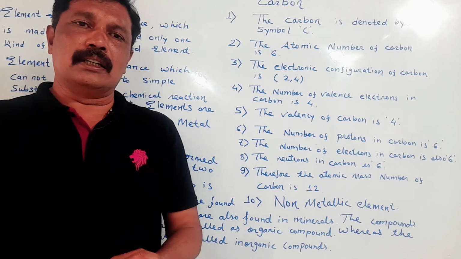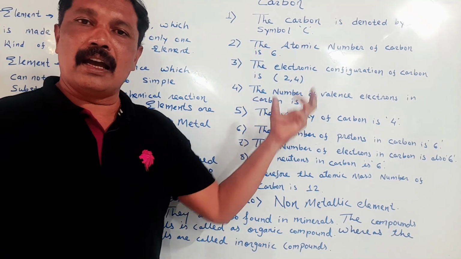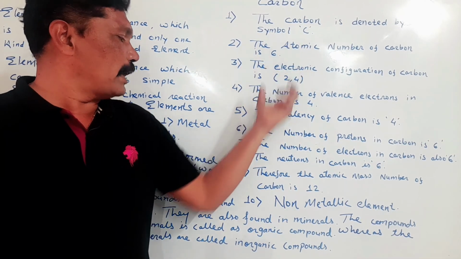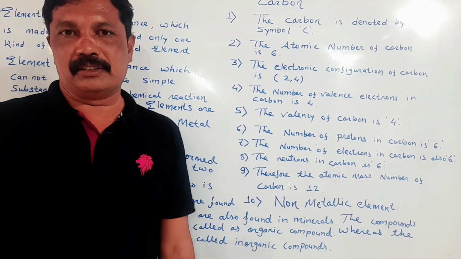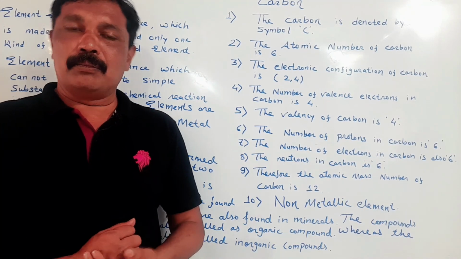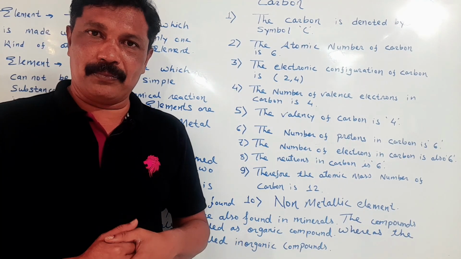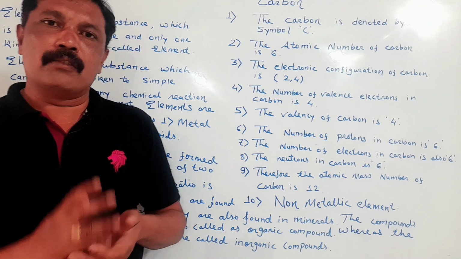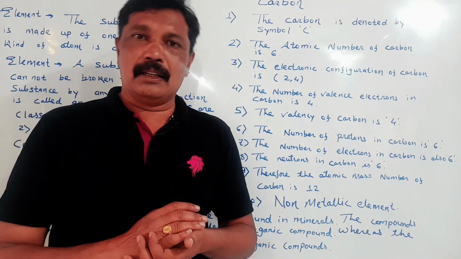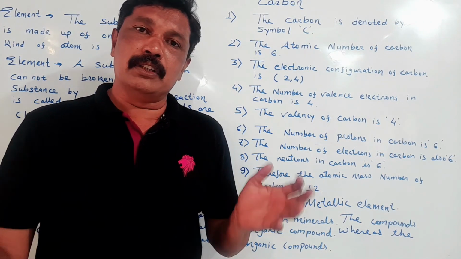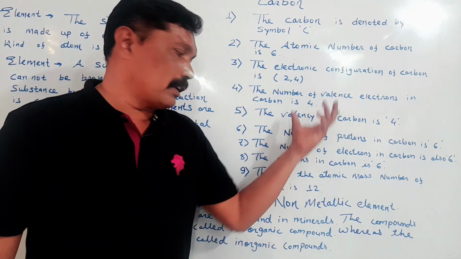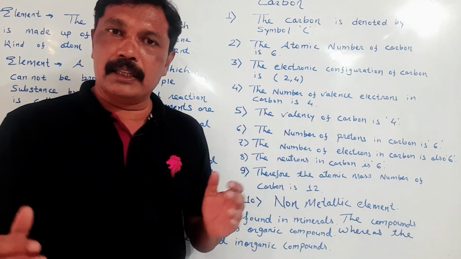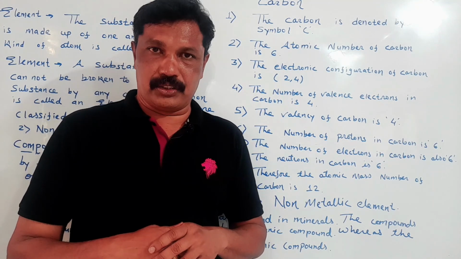My dear student, I could directly write all the properties to teach you, but I did not do it in that way. We have studied properties of carbon from physical to chemical, and the upgraded knowledge which we get in higher classes, we are accordingly bringing it in our lectures.